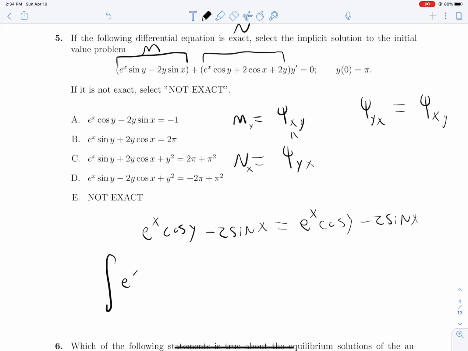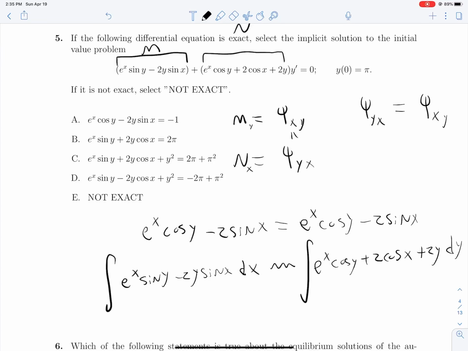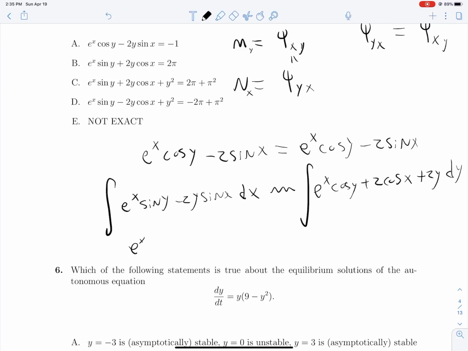So we're taking the integral of e to the x sine y minus 2y sine x dx, and comparing it to the integral of e to the x cosine y plus 2 cosine x plus 2y dy. Here we will get e to the x sine y plus 2y cosine x, and on the other side we get e to the x sine y plus 2y cosine x plus y squared.